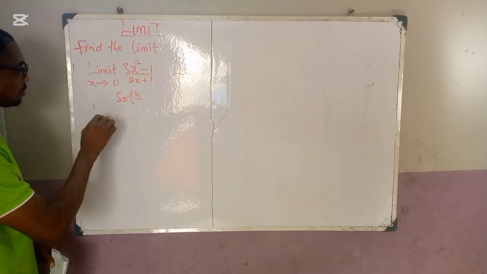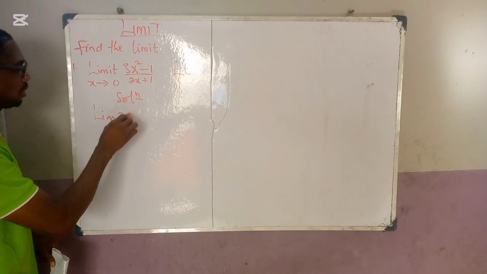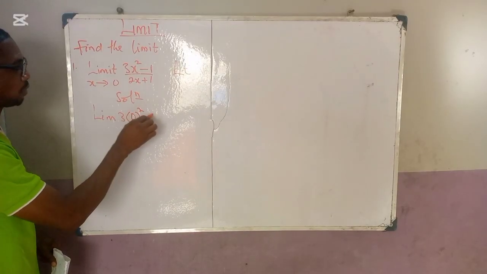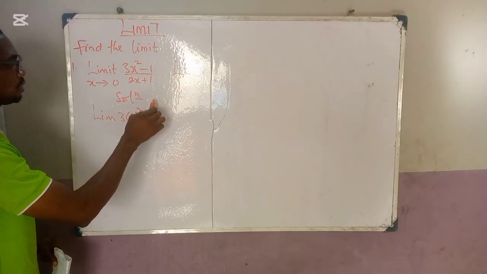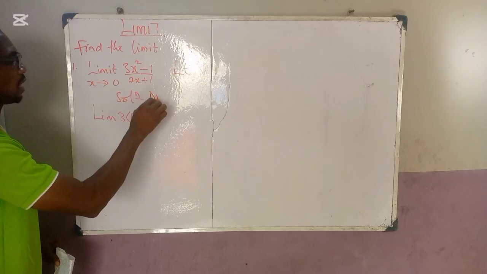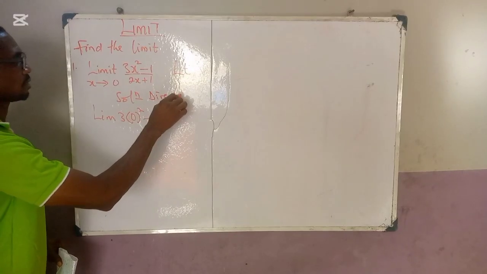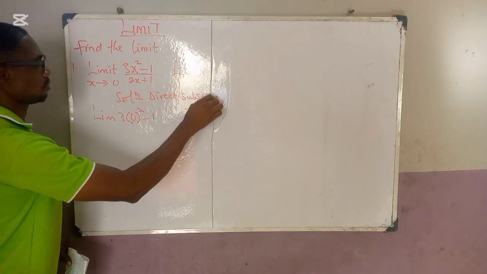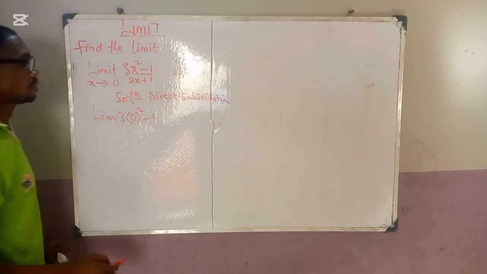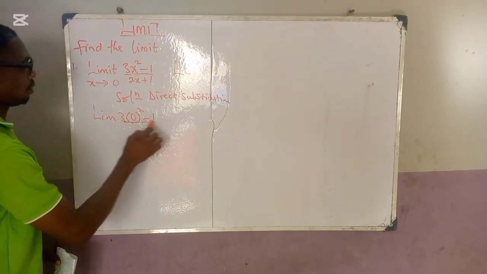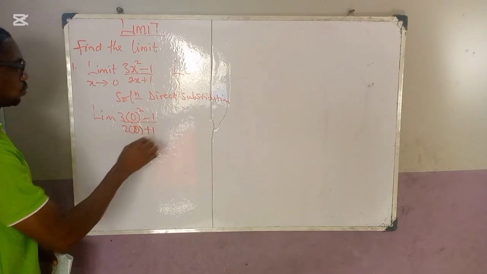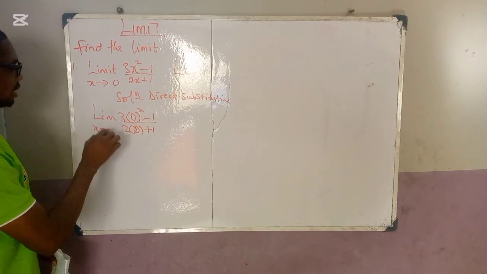So we have the limit, 3x is 0, raised to the power of 2 minus 1. We call this direct substitution, over 2 times 0 plus 1 as x tends to 0.